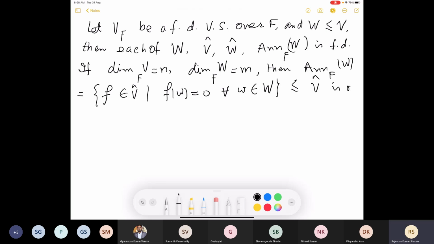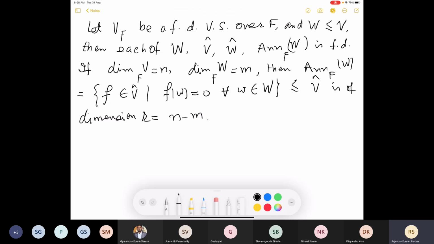It is also finite dimensional, and the dimension is r, where r is n minus m, the dimension of V minus the dimension of W. So this is what we have proved.